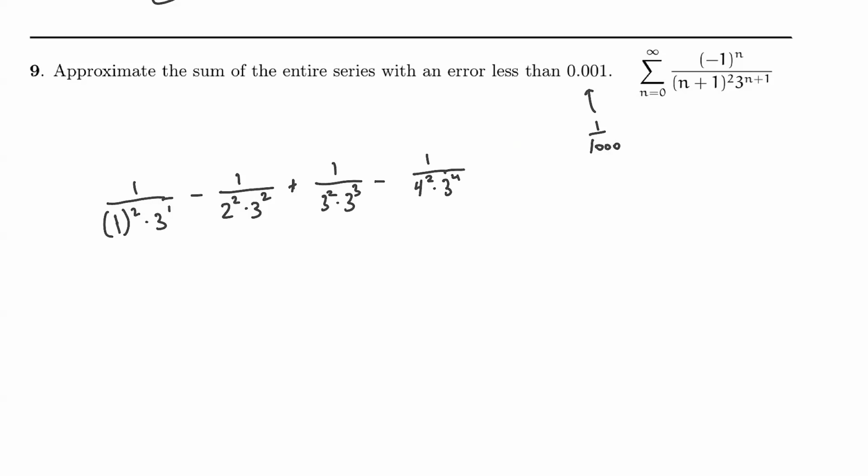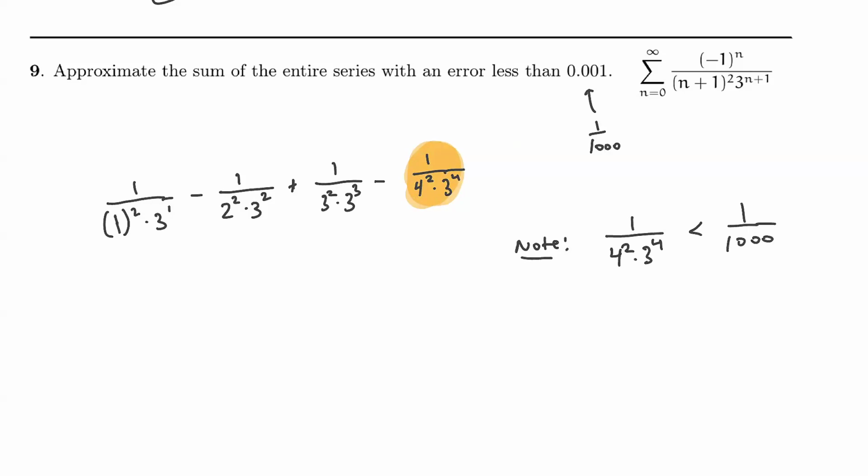So I'm looking at this expression, and I'm comparing that with 1 over 1,000. So note that 4 squared is 16, and 3 to the power of 4 is 81, so this is going to be less than 1 over 1,000, the desired error that we want.